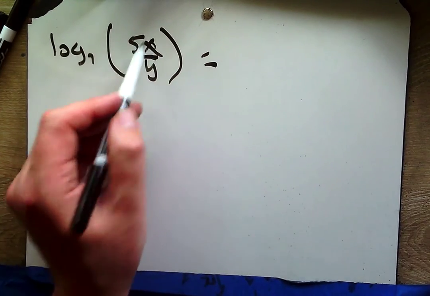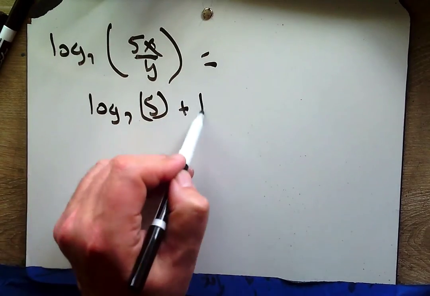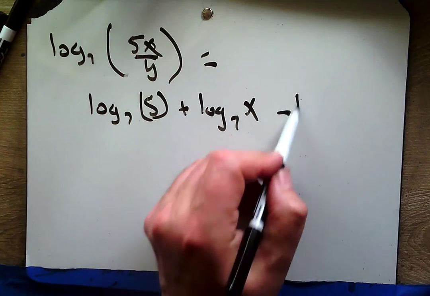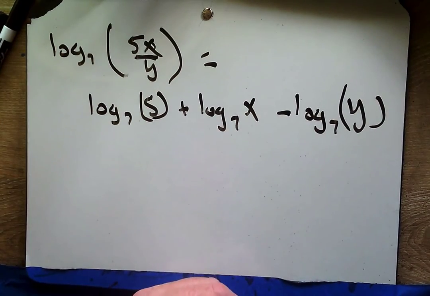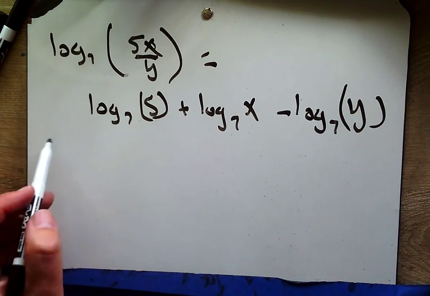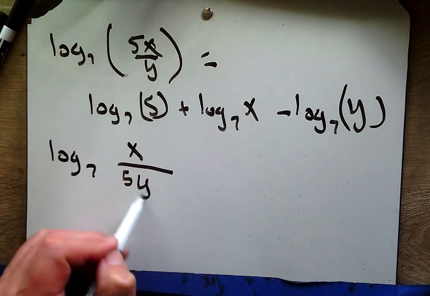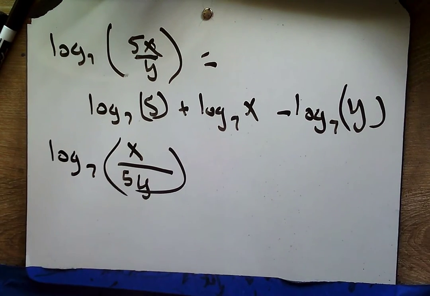I see the product up here, log base 7 of 5 plus log base 7 of x, and this one's on the bottom, log base 7 of y. Okay, what if I had a variation on that and had x over 5y? How would that change things? Give that a try.